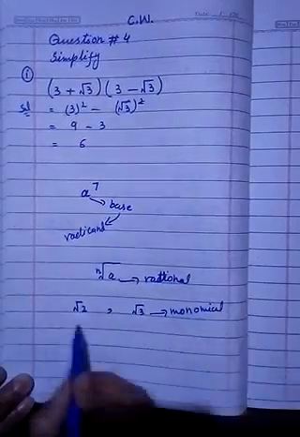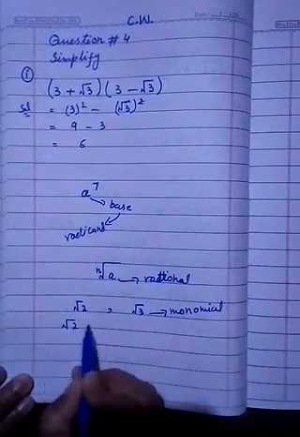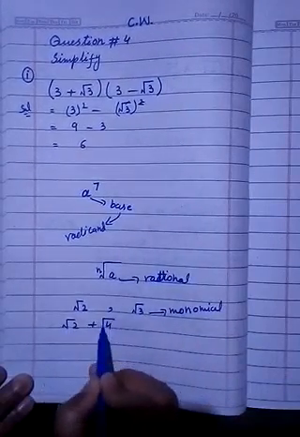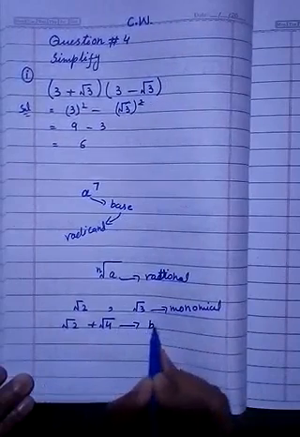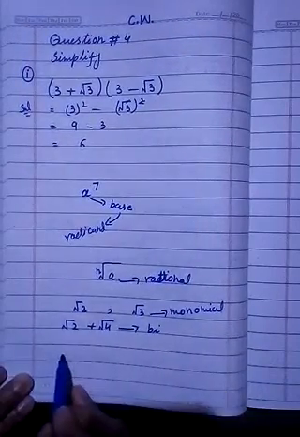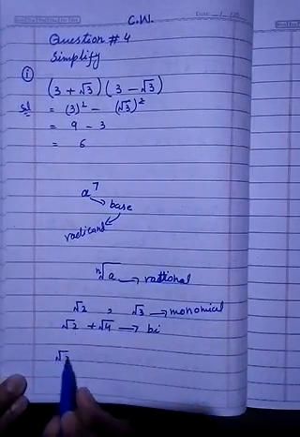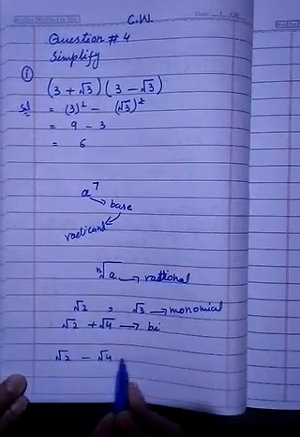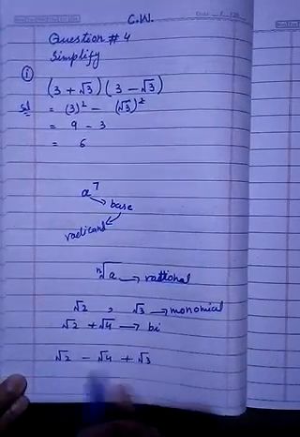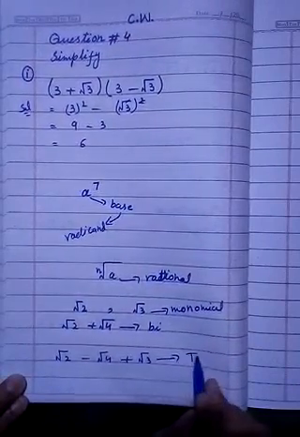When you write two terms like under root 2 plus 4 or under root 4, that is known as a binomial. When you write three terms like under root 2 minus under root 4 plus under root 3, there are three terms, so that is known as a trinomial.